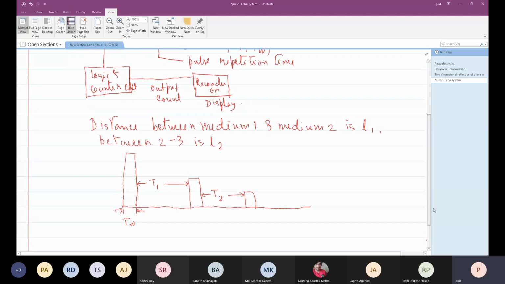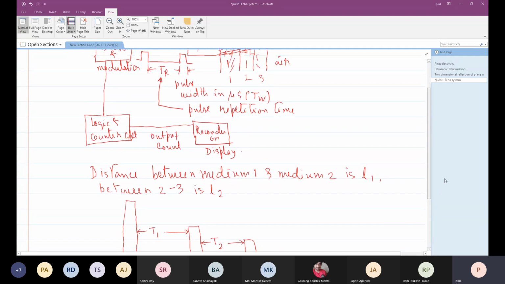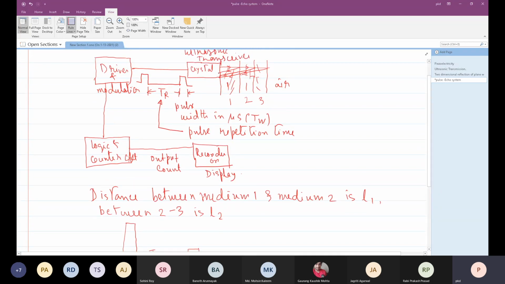However, if there are multiple boundaries like that, then from this point again there will be reflections, unless some matching fluid is used here. So there will be reflection from this side also, and successive pulses will come.